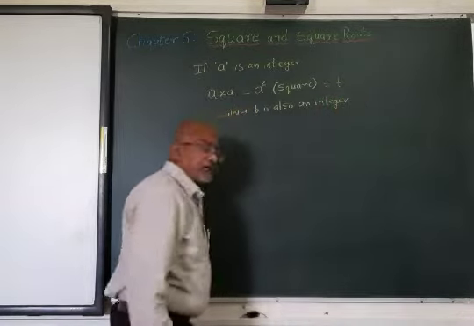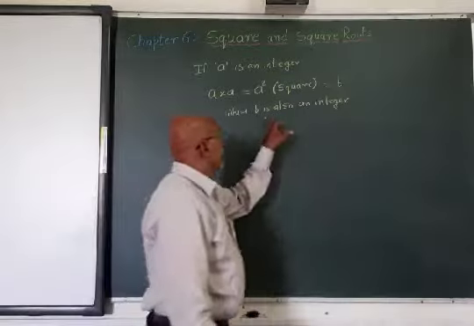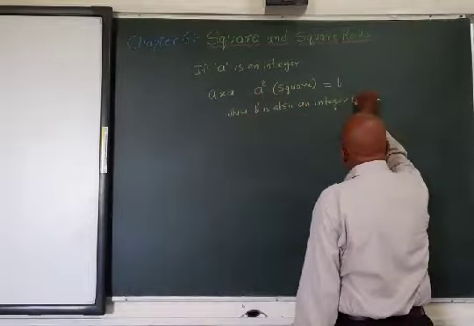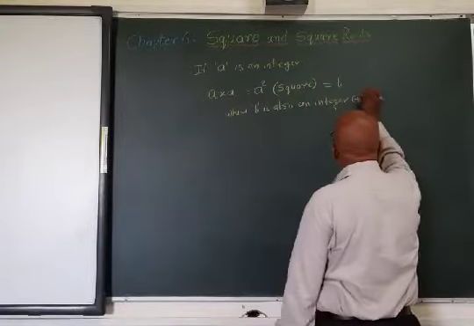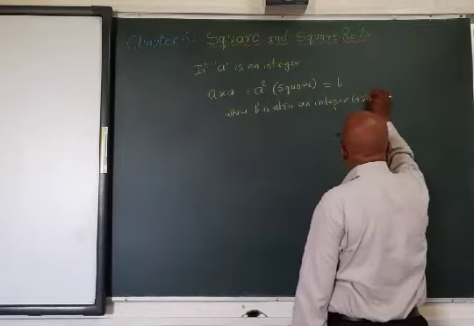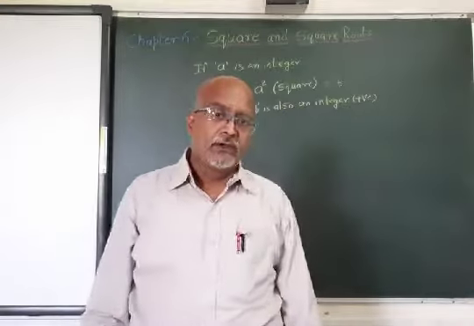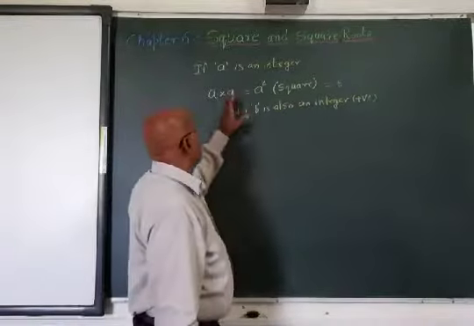But what is the special thing in this? B is also an integer, but it is only a positive integer. You will never get a negative integer in a square. So remember this, this is very important.